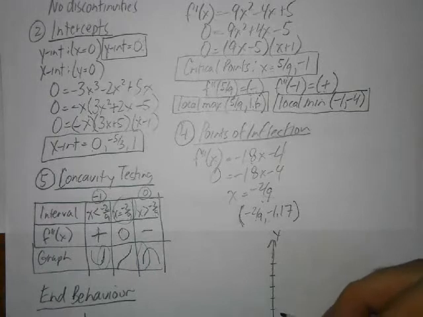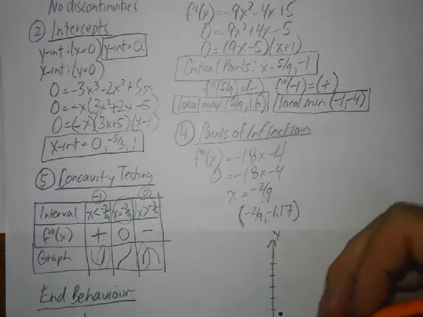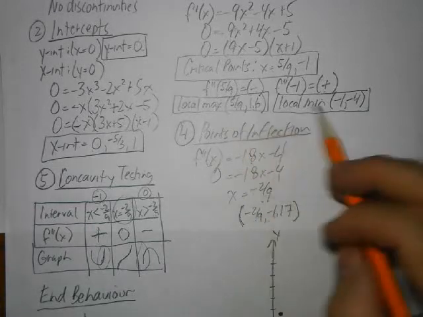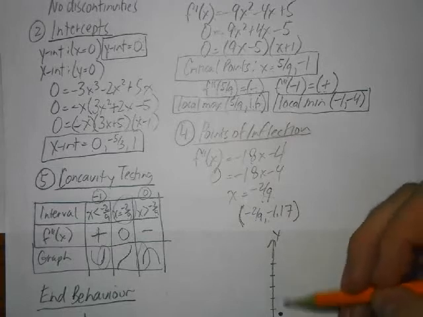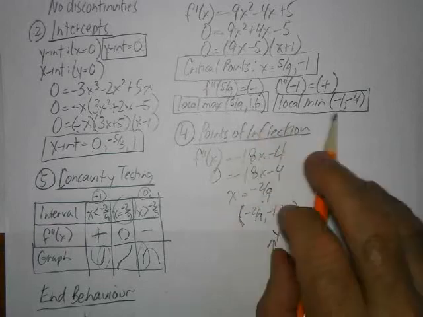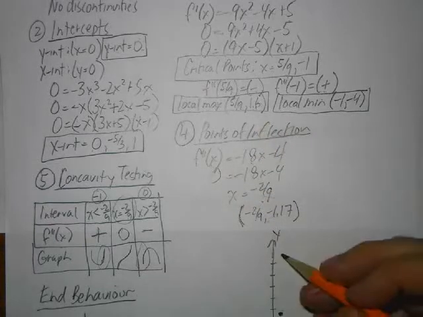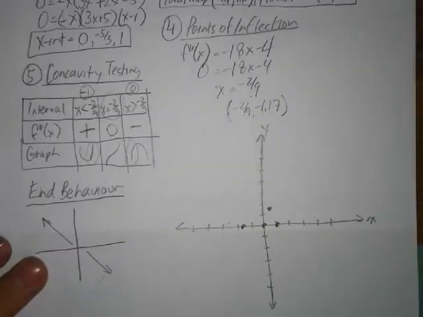So that's about here. You can see why it's important to get the y coordinates, because just knowing the x coordinate of your max or min doesn't really tell you how high it goes. The y coordinate of these critical points is extremely important for your graph. I could have guessed it's up here, but knowing it's there makes the graph much more accurate.